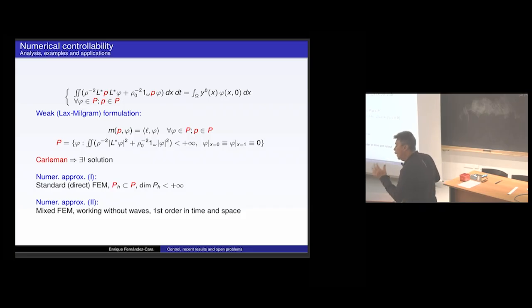This is well posed in a space in which rho minus 2 L star p is square integrable, I mean rho minus 1 L star phi in L2, and at the same time rho naught minus 2 p restricted to little omega is integrable, okay? This is well posed in space capital P, in which all this is finite.